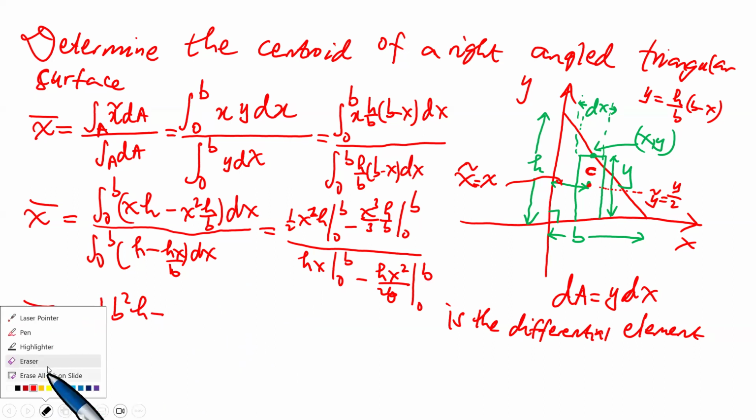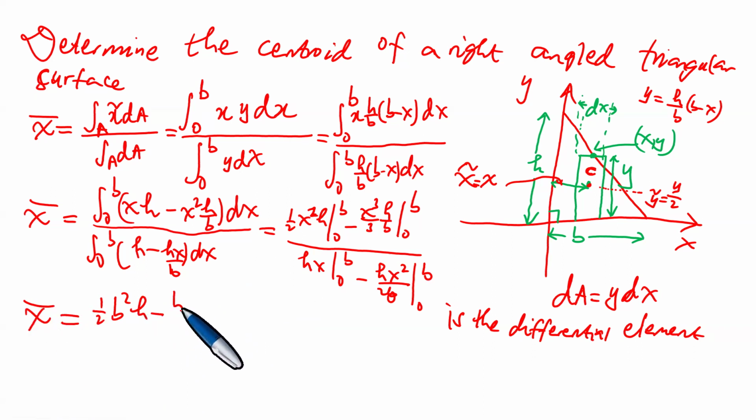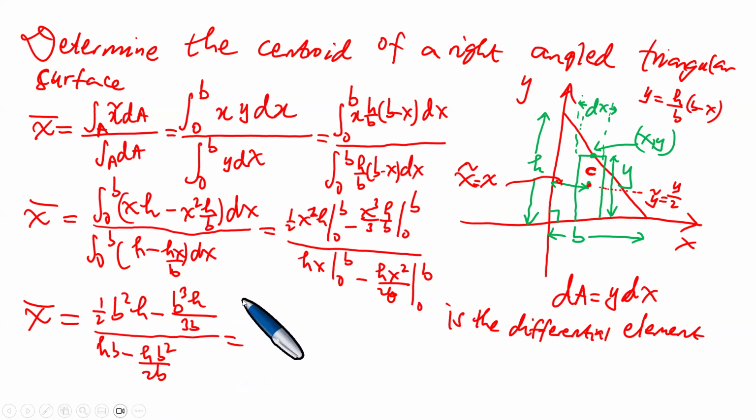So this would therefore become b cubed h over 3b, which is hb minus hb squared over 2b. Okay, so let's check this one. We are checking, and we're trying to see what the best thing to do is here.